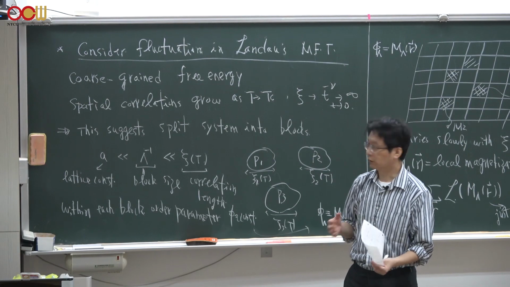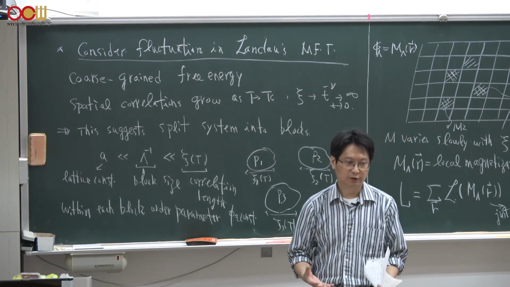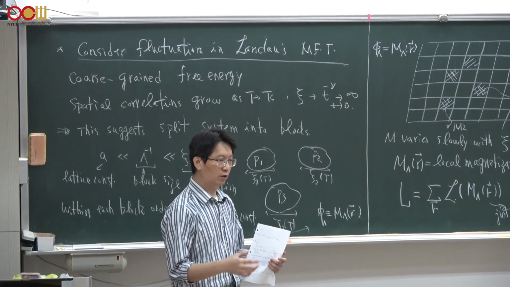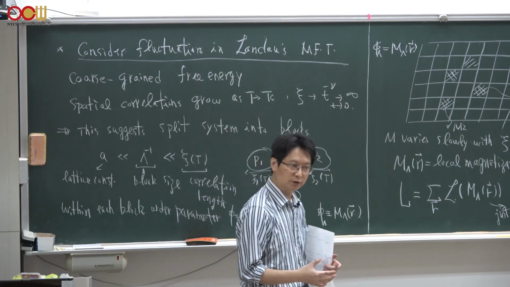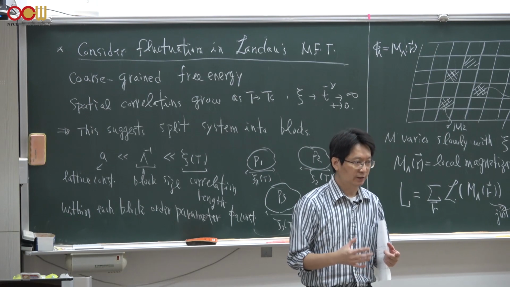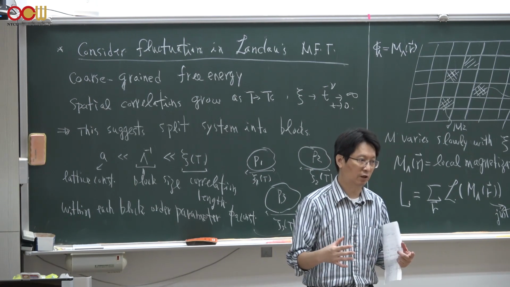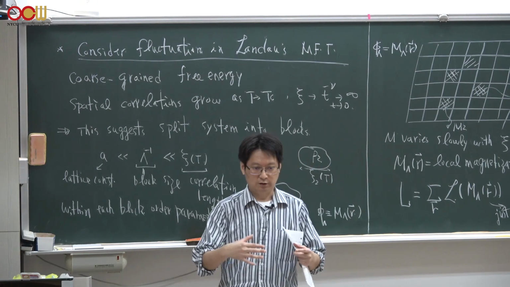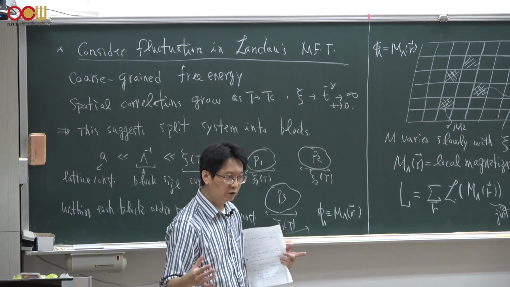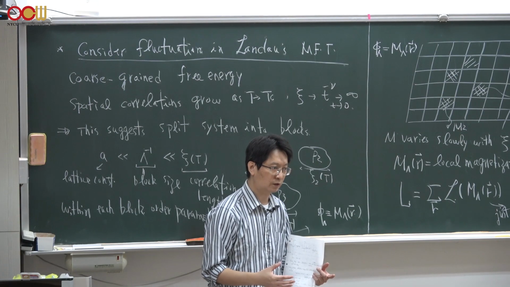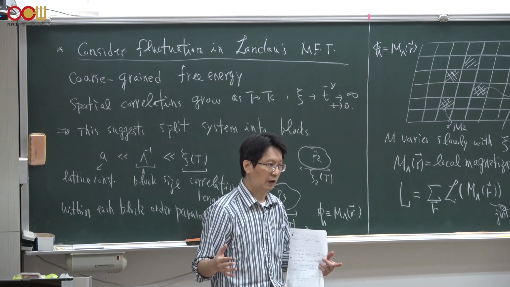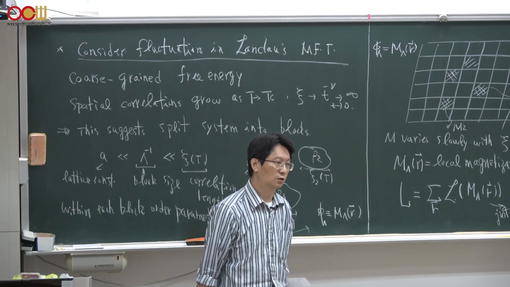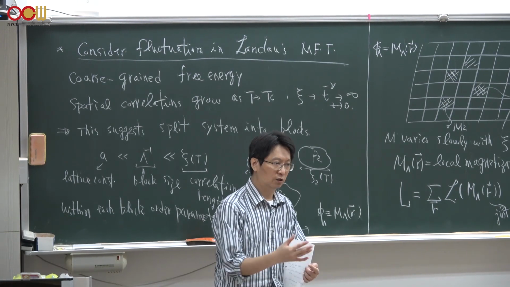Okay, so when the correlation length grows as temperature approaches Tc, that implies the spins or the order parameters may form clusters, at least over the length scale of the lattice spacing, which means that those spins within the correlation length are ordered. Above the correlation length, they may not order, but within the length scale of a correlation length, they know each other.